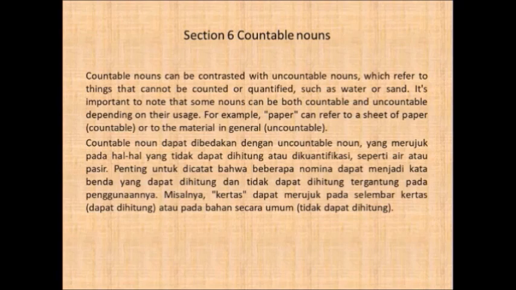Countable nouns can be contrasted with uncountable nouns, which refer to things that cannot be counted or quantified, such as water or sand. It's important to note that some nouns can be both countable and uncountable depending on their usage. For example, paper can refer to a sheet of paper, countable, or to the material in general, uncountable.